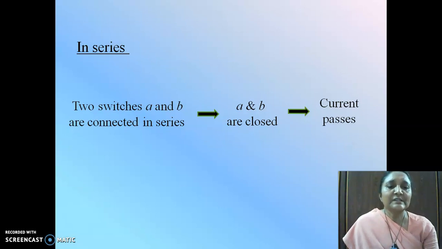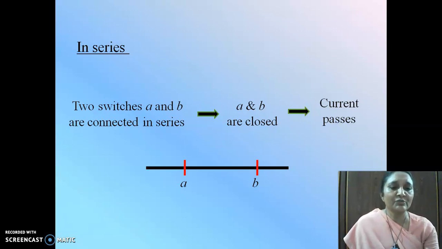We shall see with a simple diagram: take a single line and place these two switches A and B on this line. Now, suppose A and B are closed, then the current passes through from one end to the other end of the circuit. Suppose I say A is closed and B is open, then the current passes through via A but does not pass through via B because B is open.